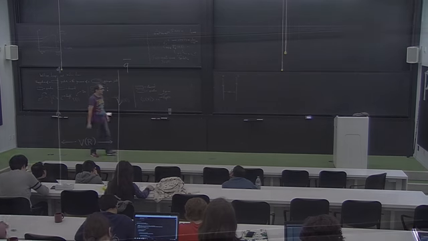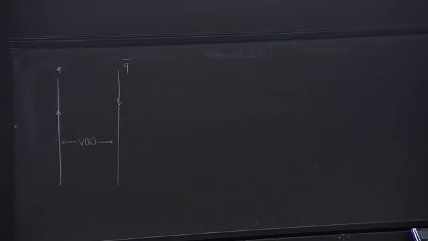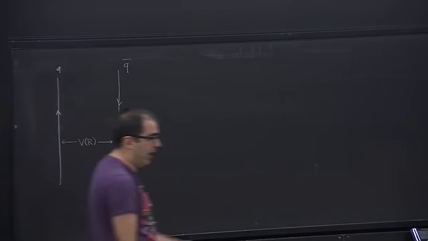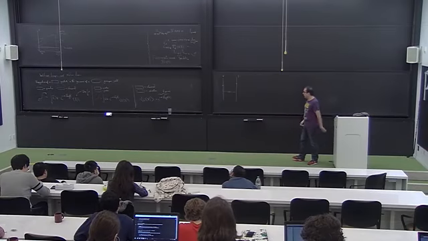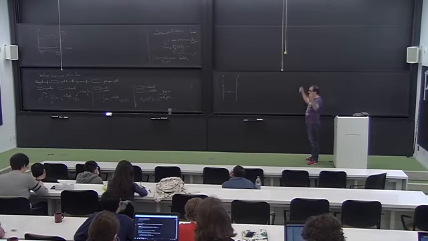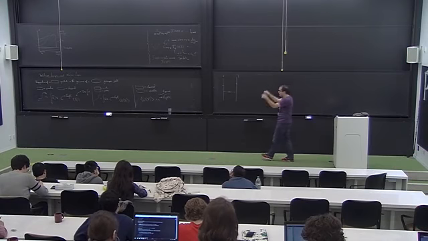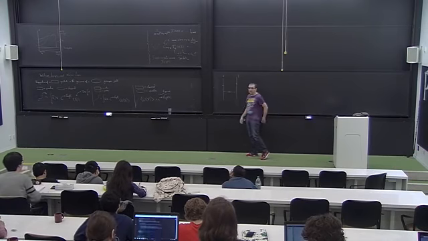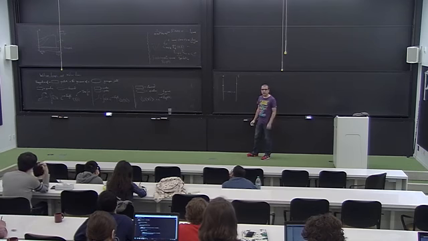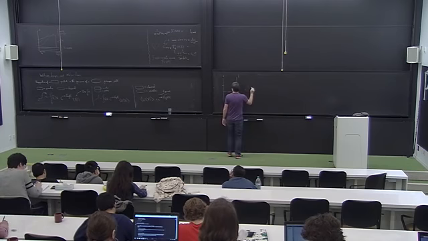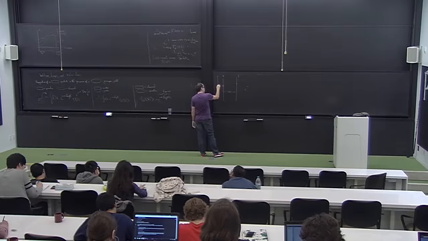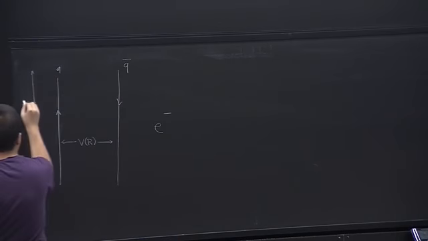So I want to see what is the energy of this configuration as a function of R to tell me what's the attraction between the quark and the antiquark. But I don't want to let the quark and antiquark move quantum mechanically. I want to fix them at some distance R and study the energy of this configuration. So this, I want to study e to the minus. So I put it in some large time to project into the ground state.